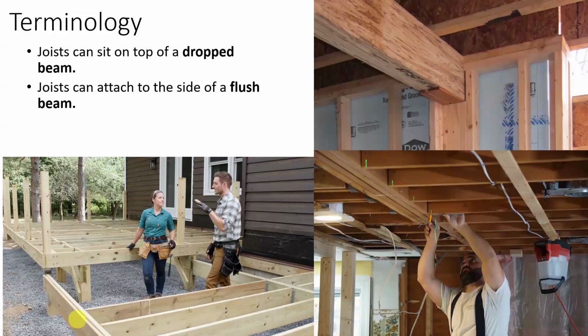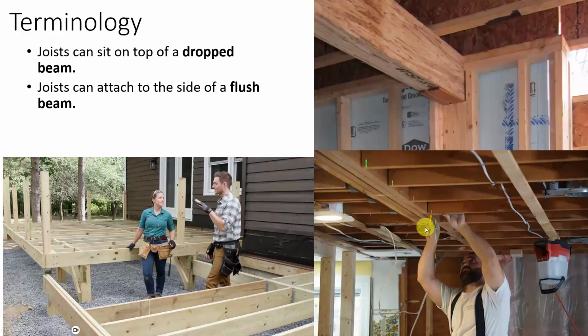It was going to be in the dirt, right? If there's a raccoon building a nest down there, you're not going to be able to see it. If your beam's going to be sitting in the dirt, you can't make sure that there's nothing going on in there. So they did a dropped beam on one side and a flush beam on the other. We're going to talk a little bit down the road about how this impacts your HVAC if you do this in your house. So let's imagine this is the basement of the house.